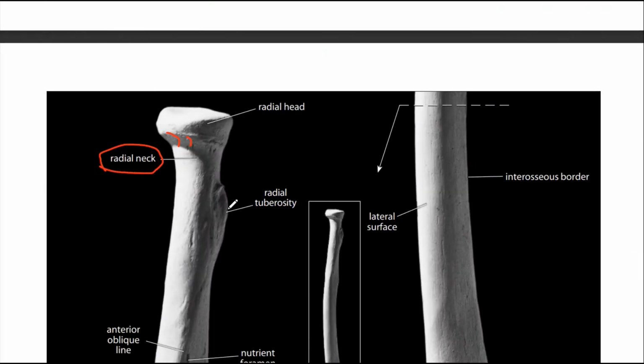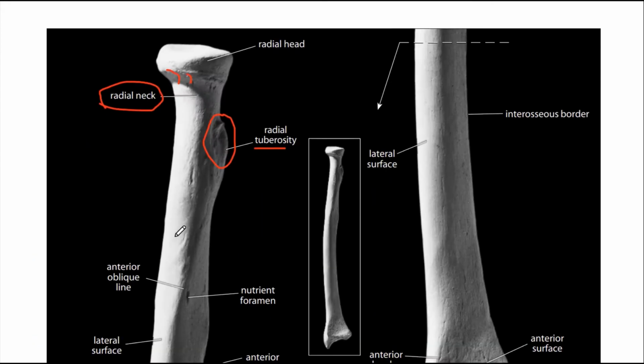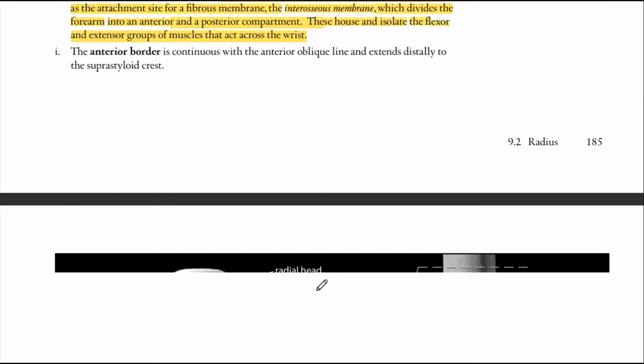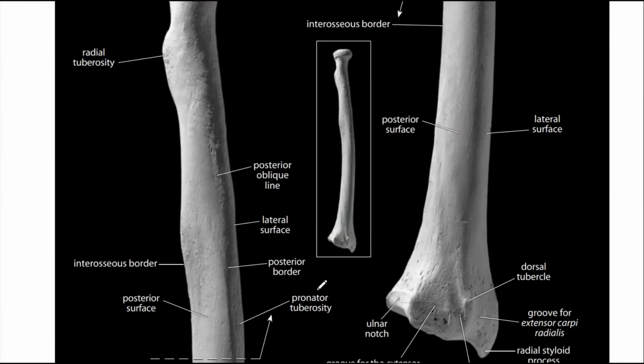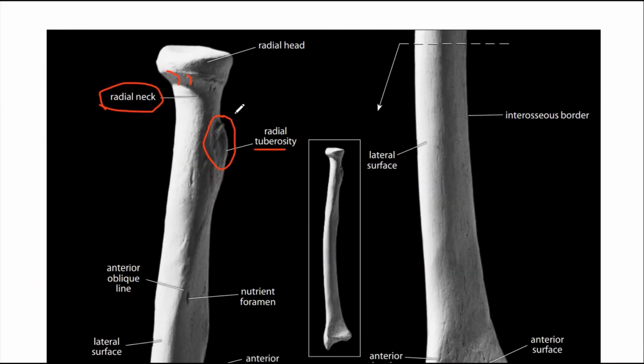One important landmark for the radius bone is the radial tuberosity, which is observed in the anterior view, situated medially.